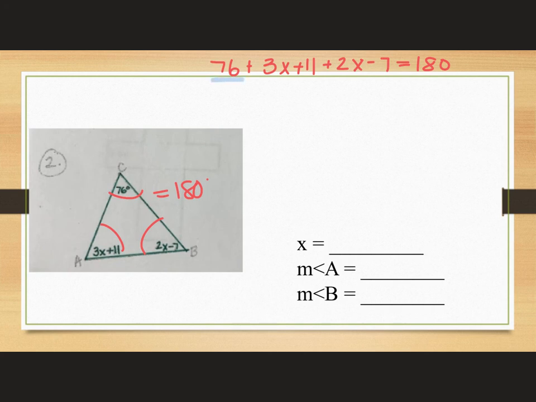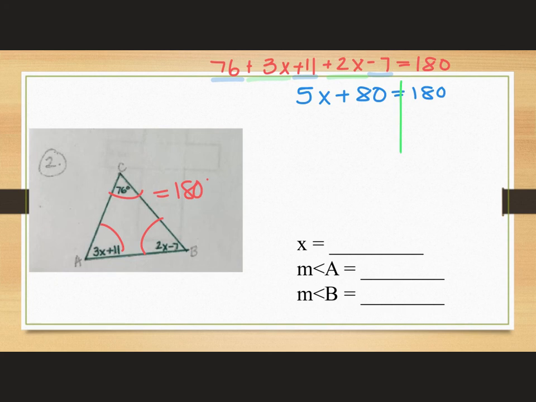We can add 76, 11, and negative 7, and we can also combine the 3x and the 2x. When we do that, we end up with 5x plus 80 equals 180. And now we have a two-step equation that we can solve.